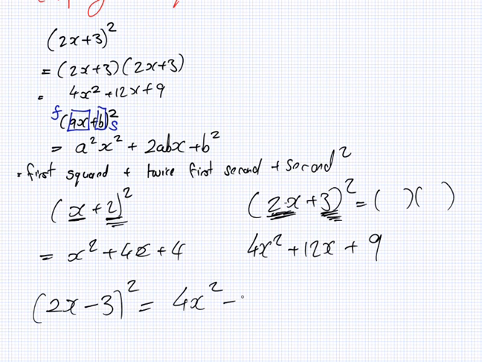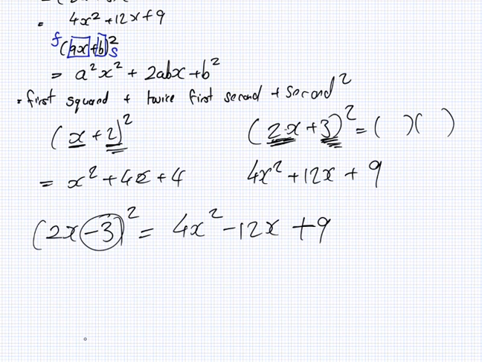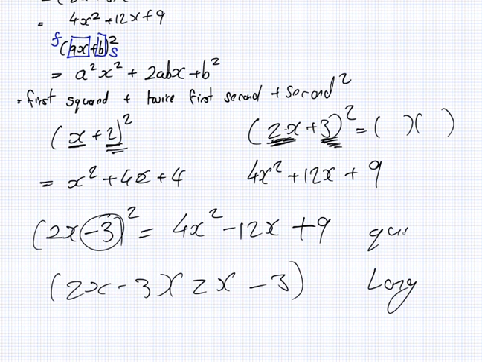What do you get? Minus 12x plus 9. Because what's this squared? 9. Now, like I said, I'm only showing you a quick way to do it. If you don't like it, then do it this way. Well, I know this one. But this will take longer, and this is quick. Okay?